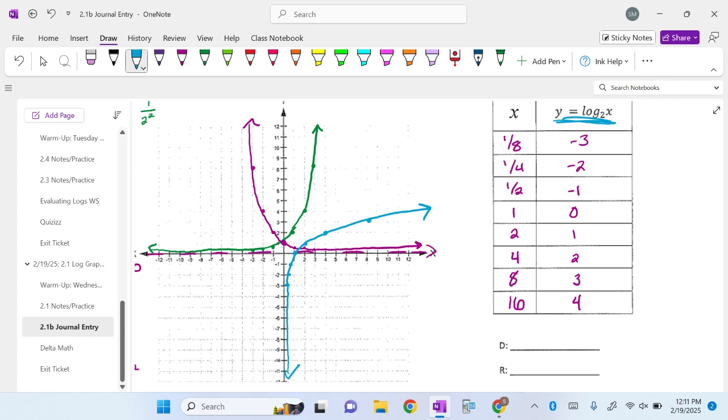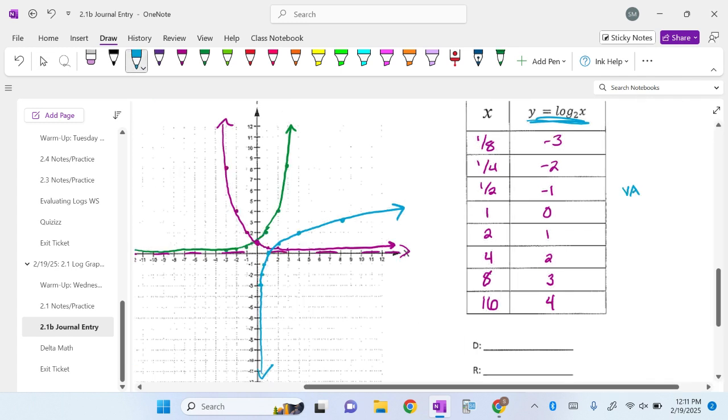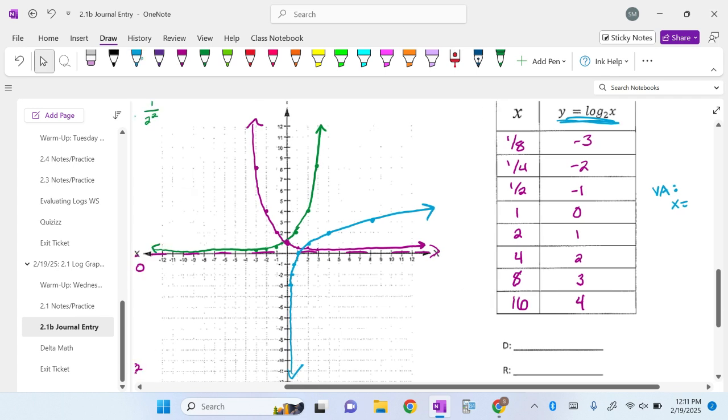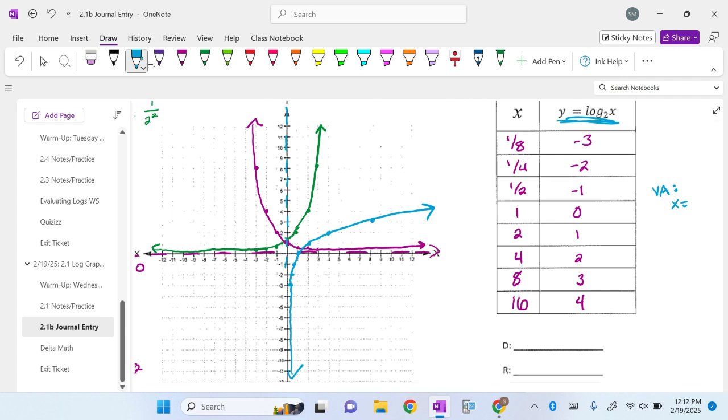All right. Now, where is your vertical asymptote for this graph? Where does it look like it'll never cross? Not y equals 0. X equals 0. So even though it's the y-axis, this straight line is technically when x is equal to 0 because it crosses through the x-axis.